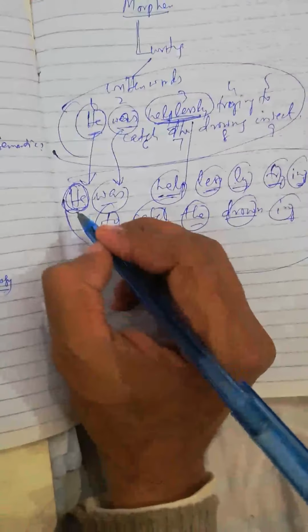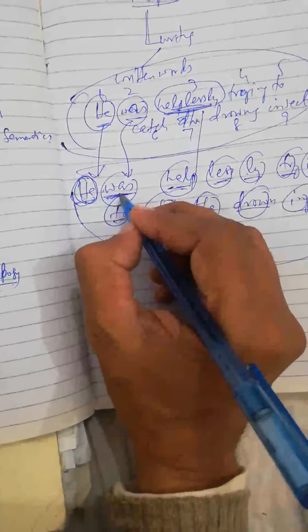There are 13 morphemes. Now let's count the words: 1, 2, 3, 4, 5, 6, 7, 8, 9. There were 9 words in the first sentence, but we have 13 morphemes. Sometimes a morpheme is the whole word: he is a pronoun and also a morpheme, and was is a helping verb, so it is also a morpheme.